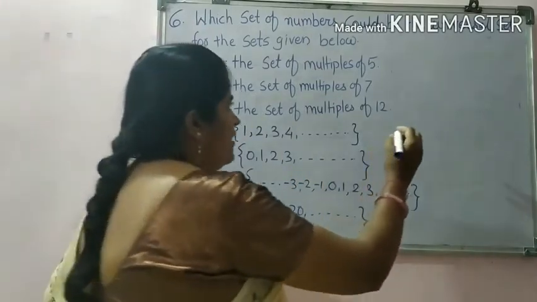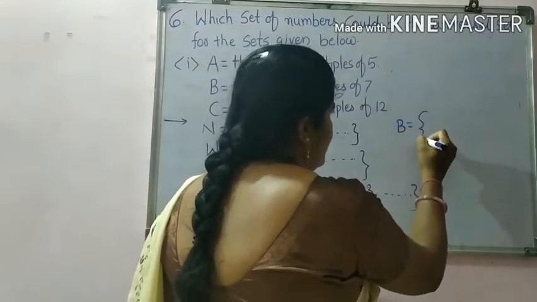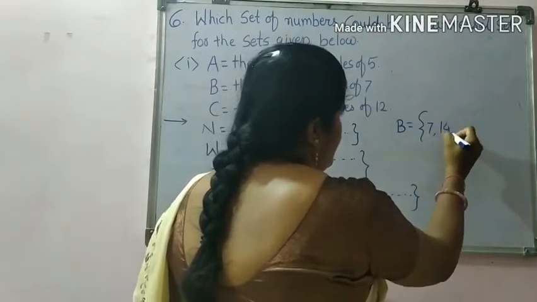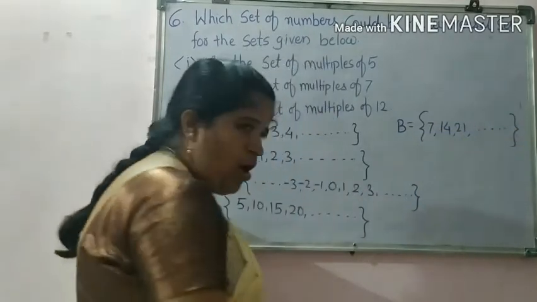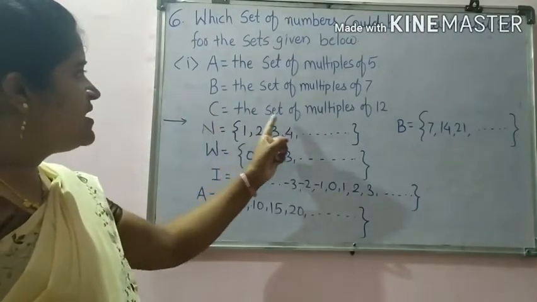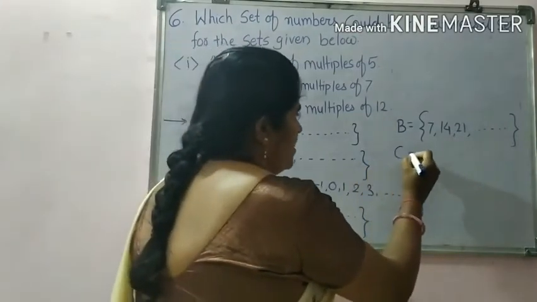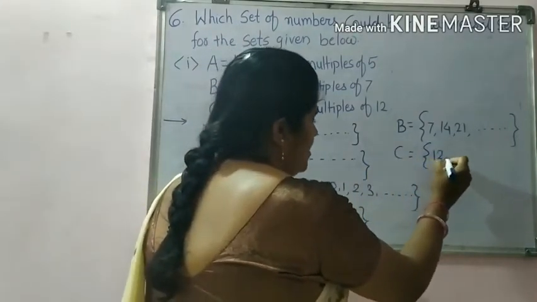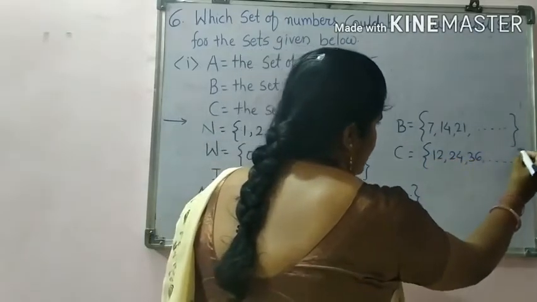So what are the elements of set B? B is equal to {7, 14, 21 and so on}. What are the elements of set C? C is the set of multiples of 12. So C is equal to {12, 24, 36 and so on}.